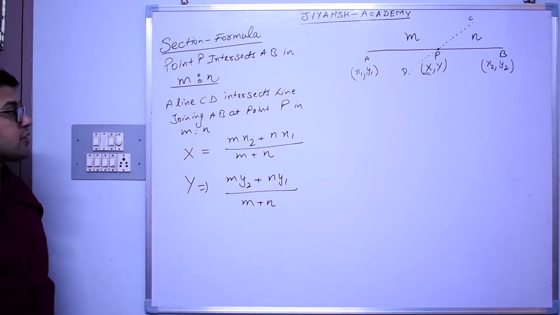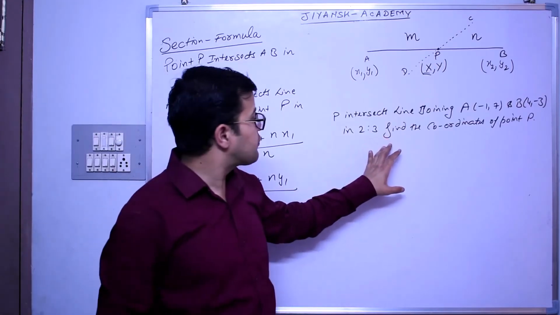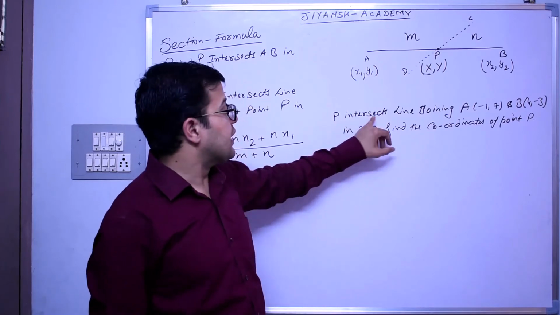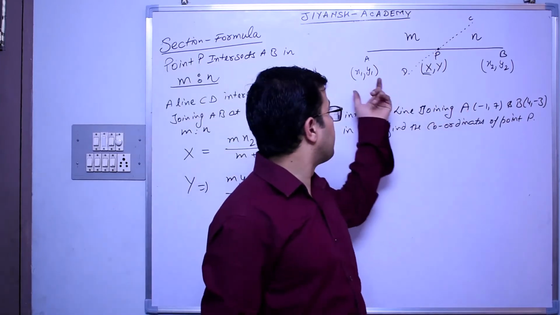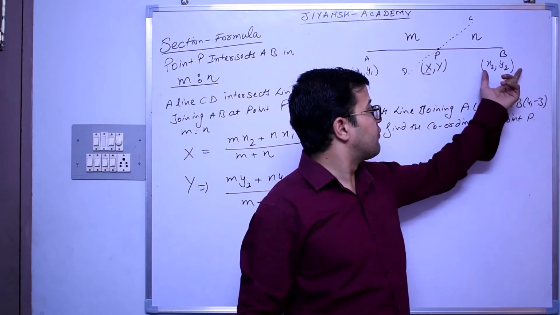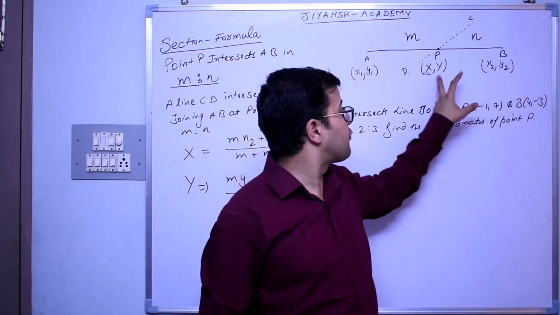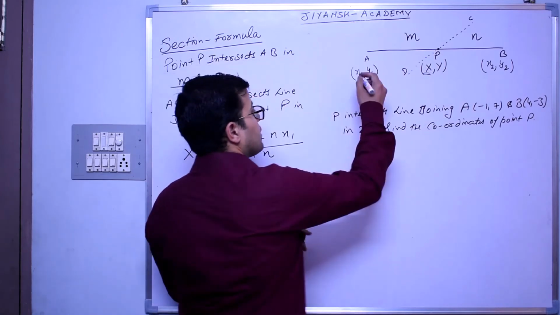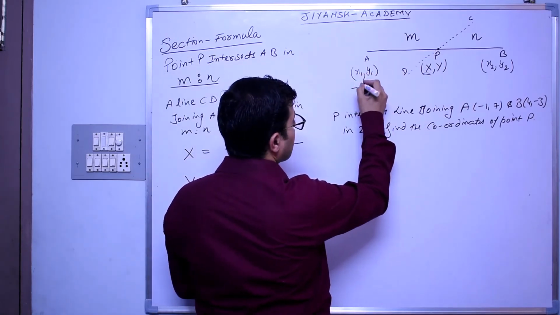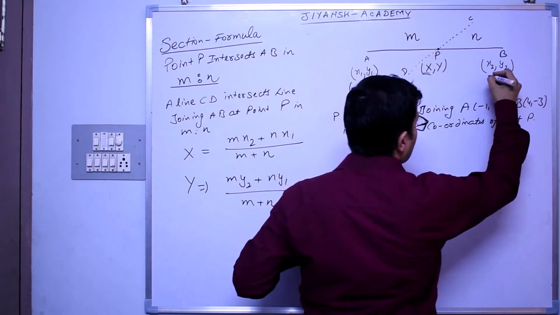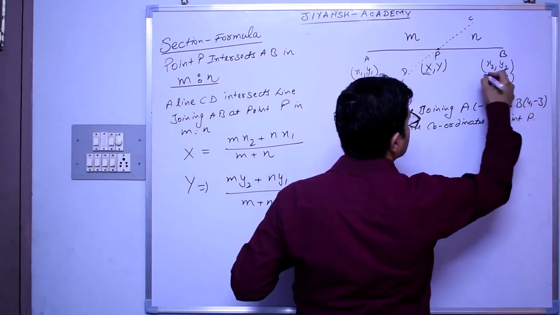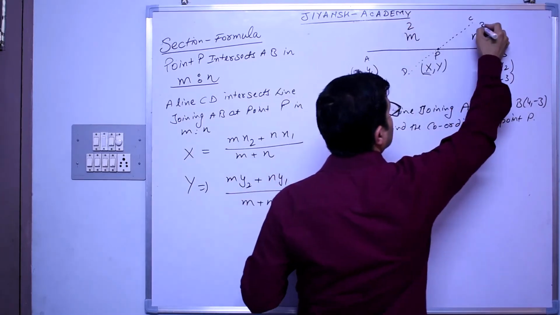Right? So now let's take an example. The question can be in this form: point P intersects the line joining A minus 1 comma 7 and B 4 comma minus 3 in ratio 2:3. Find the coordinates of point P. So we'll take this as minus 1 comma 7 and this as 4 comma minus 3, and the ratio is 2:3.